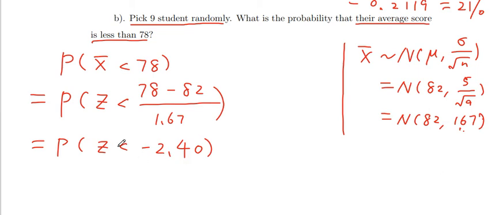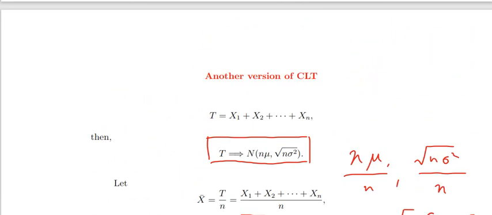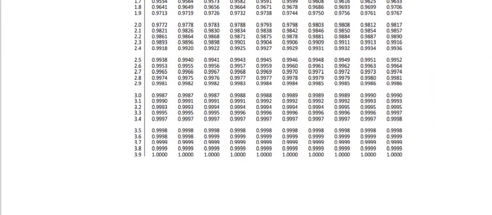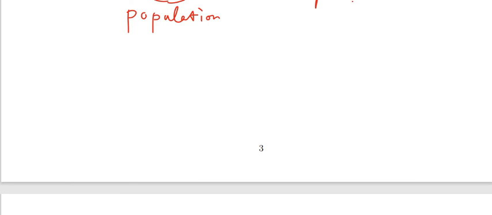Again, here it's a negative, less than negative, so we should use 1 minus, right? 1 minus the table value for 2.40, which is 0.9918.